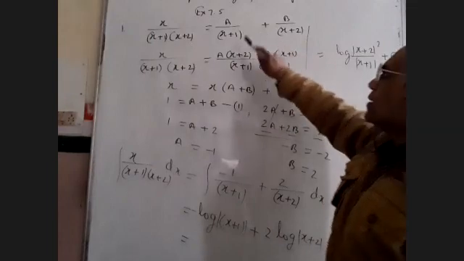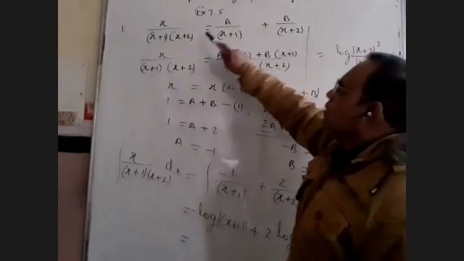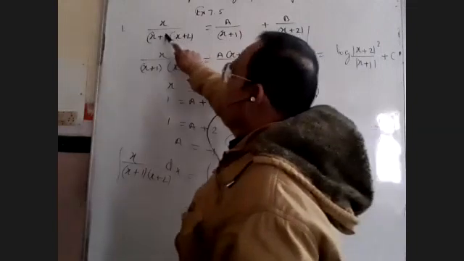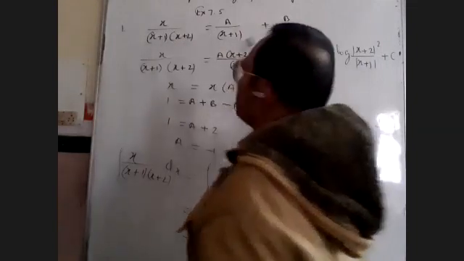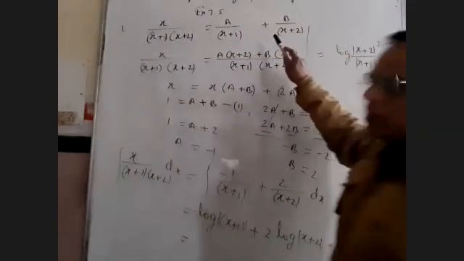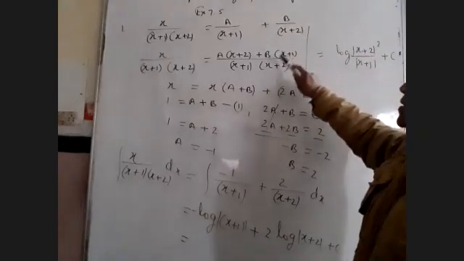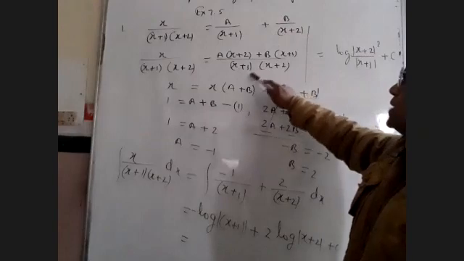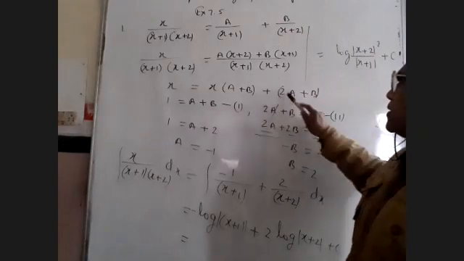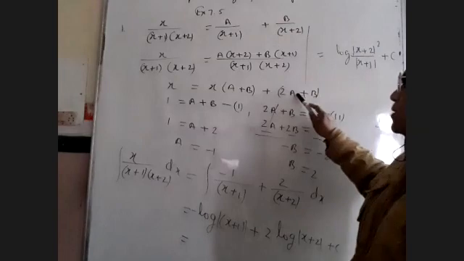But we have to take care of the fraction: the value of this fraction should be equal to this fraction. For converting these two fractions, we take the LCM and we get this numerator. So we are comparing the numerator on both sides.